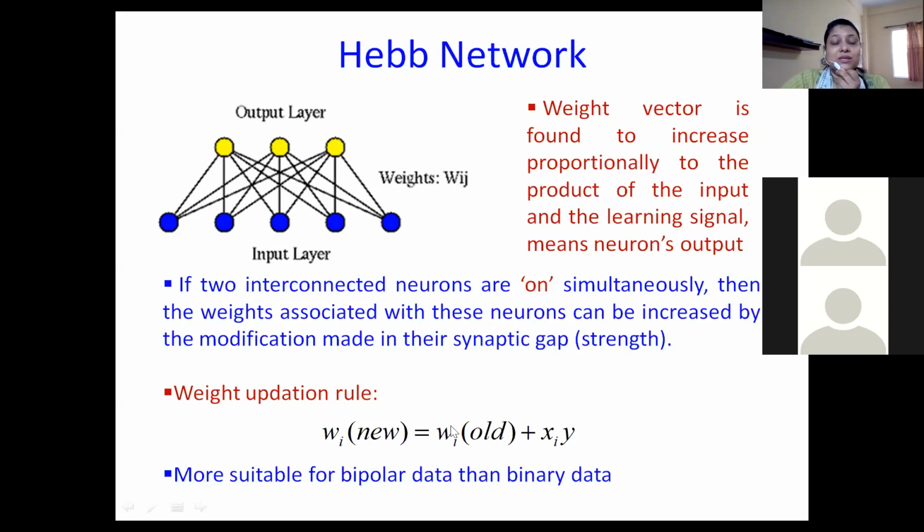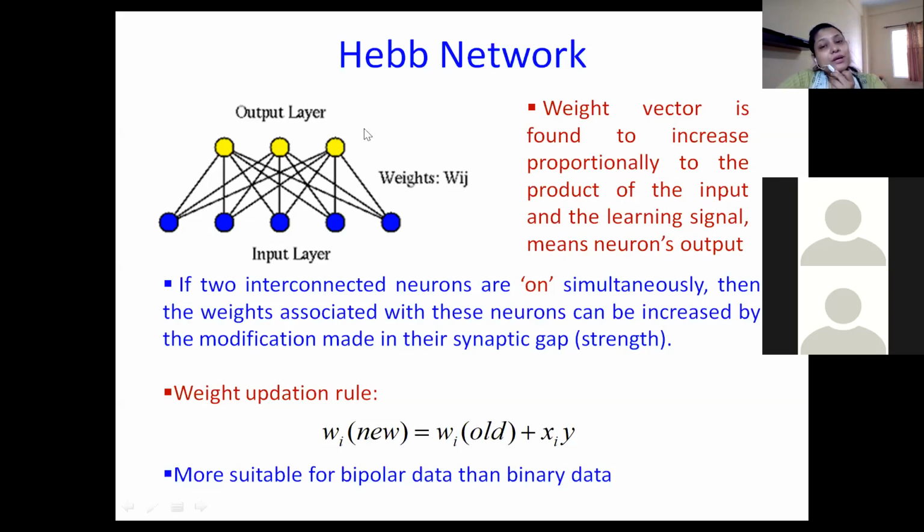That is why these neurons are termed learned neurons, obtained by some kind of learning signal. That is why here it is written that this is a product of the input and the learning signal, meaning the neuron's output.